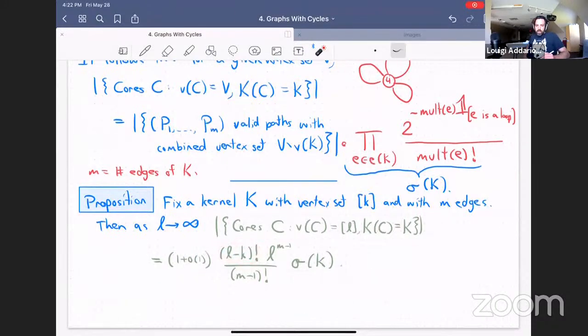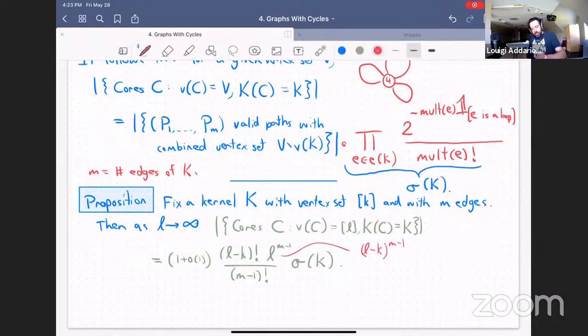And if you think of this L to the m minus 1 as (L minus k) to the m minus 1, which is equivalent when L is large and k is fixed, then this looks like choosing m minus 1 locations to split up that ordered list.